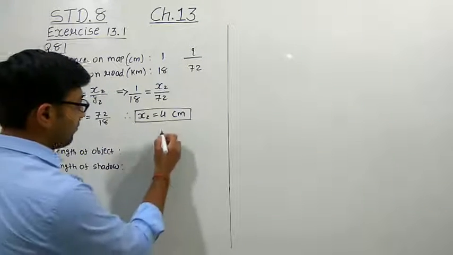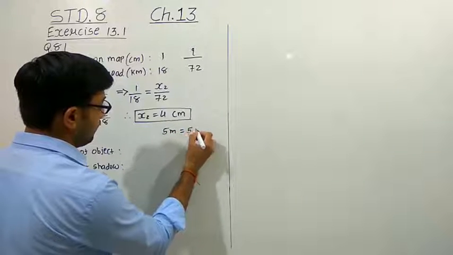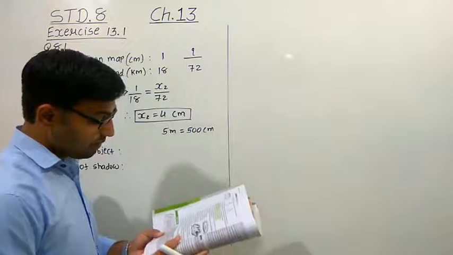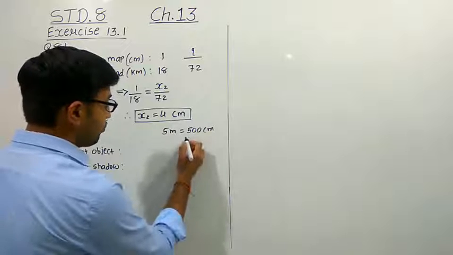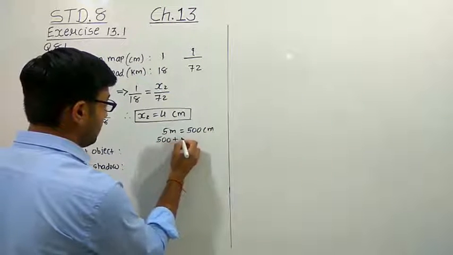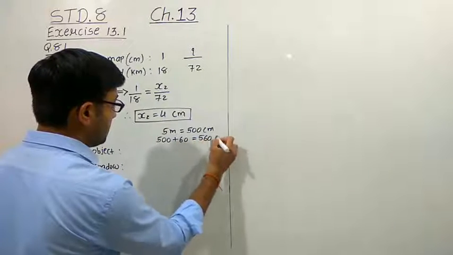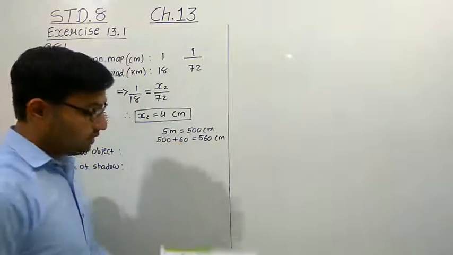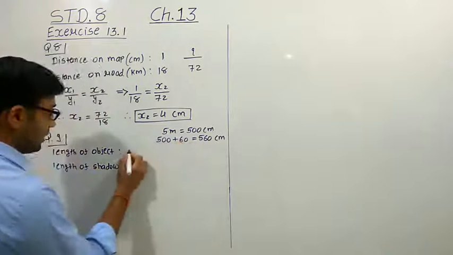We know that 5 meter is equal to 500 centimeter. After that, there is a length of 60 centimeter, so we have to add 60 to this. We get 500 plus 60 is equal to 560 centimeter. So instead of writing 5 meter 60 centimeter, we can now write 560 centimeter.